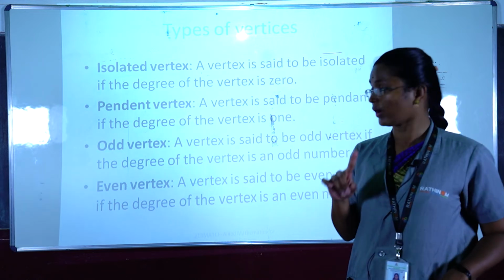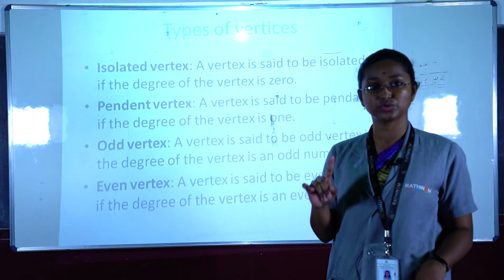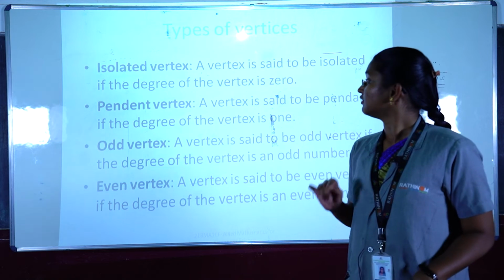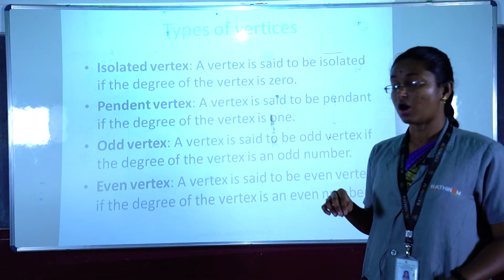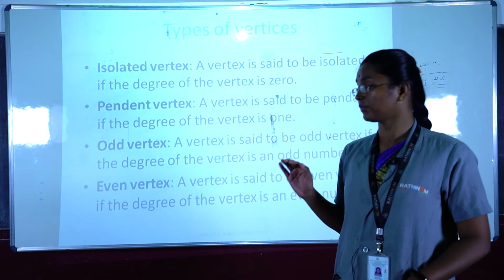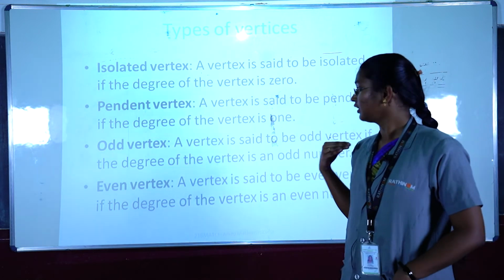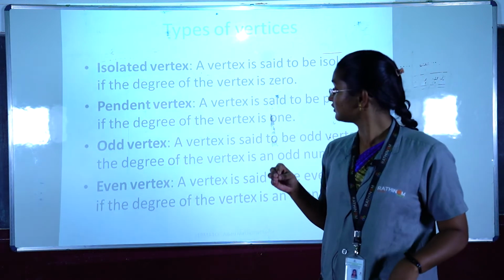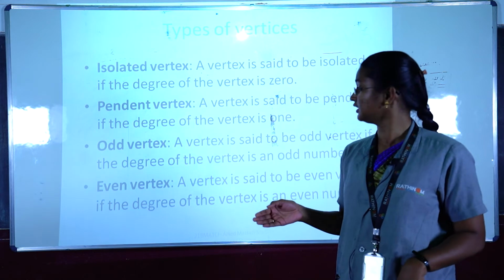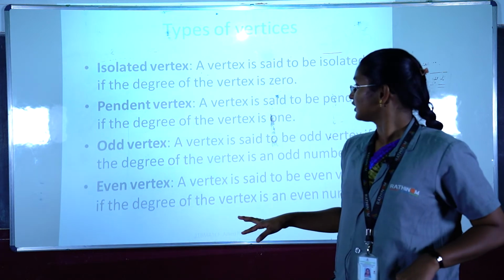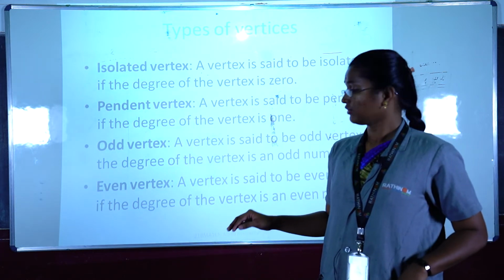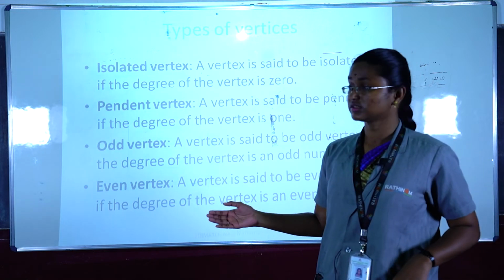That is, only one edge is connected to that particular vertex. And the odd vertex: if the degree of the vertex is odd, then the vertex is called an odd vertex, and if the degree of the vertex is even, it is an even vertex.